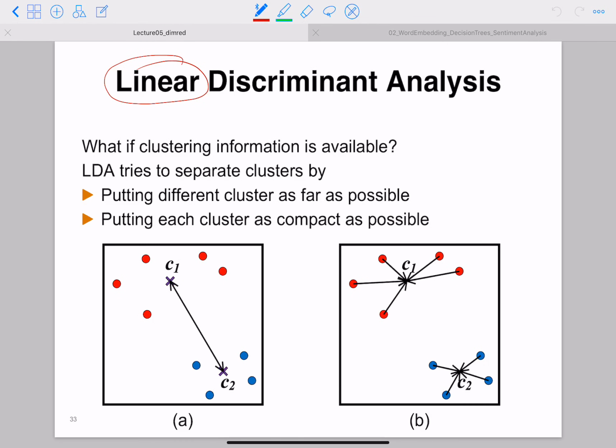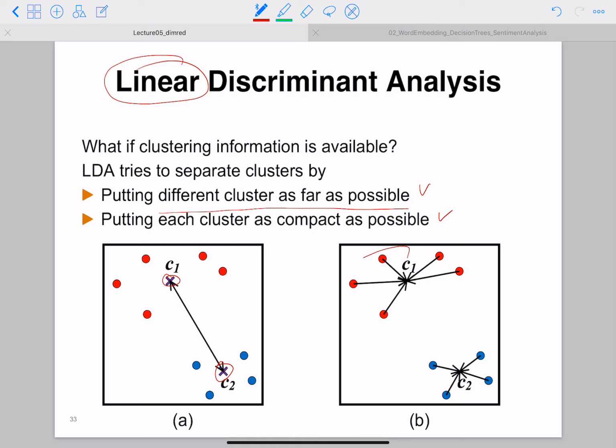So it performs two tasks simultaneously. The first one is putting the different clusters as far apart as possible. More exactly, it first computes the centroid of each cluster in the low dimensional space, and then we maximize the distance between the centroids of the different classes, because we are given predetermined labels for each individual data item.